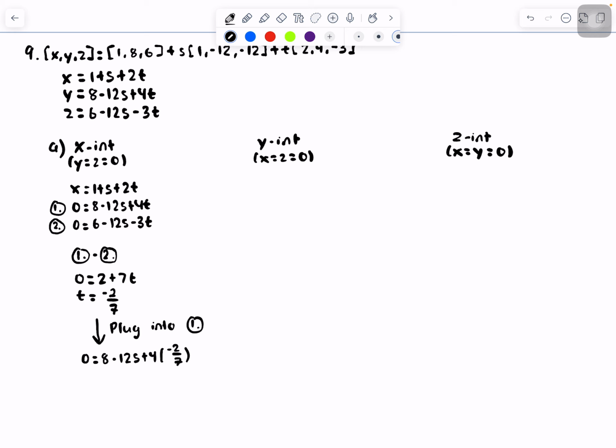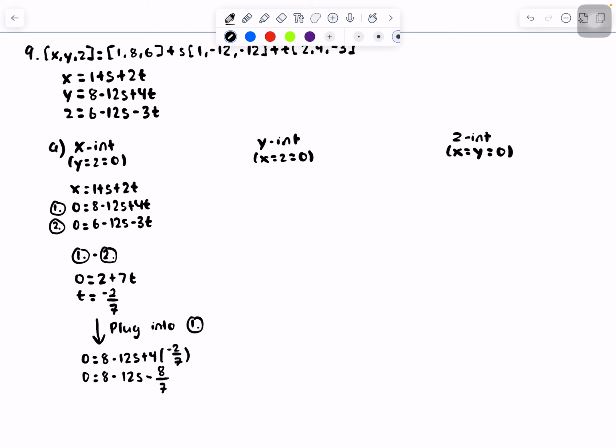So what's s equal to then? 4 times negative 2 is negative 8, so it's minus 8 over 7.